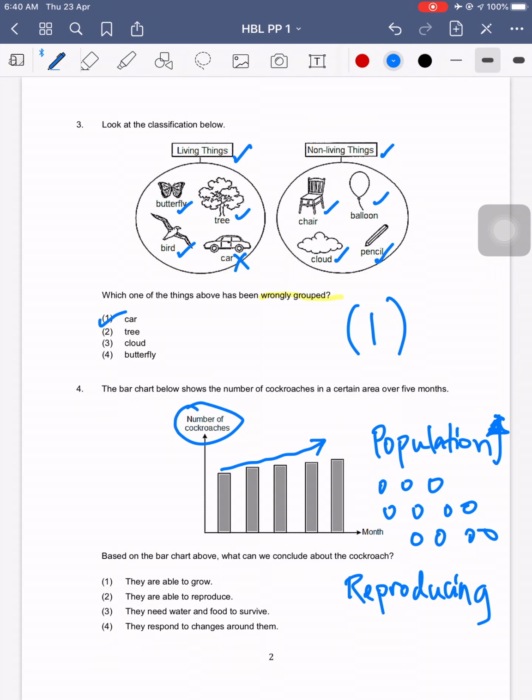So we look at the options here. They are able to grow. Now this is not from the bar chart. The bar chart didn't show the size. Number 2, they are able to reproduce. Well, this is correct. Number 3, they need water and food to survive. It doesn't show from the bar chart. Number 4, they respond to changes around them. Also, it doesn't show from the bar chart. So the answer will be 2.